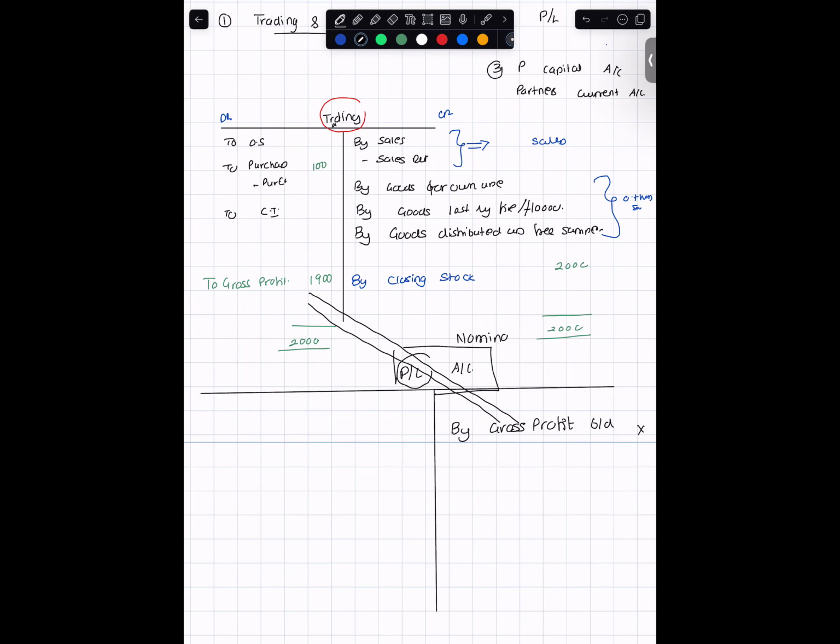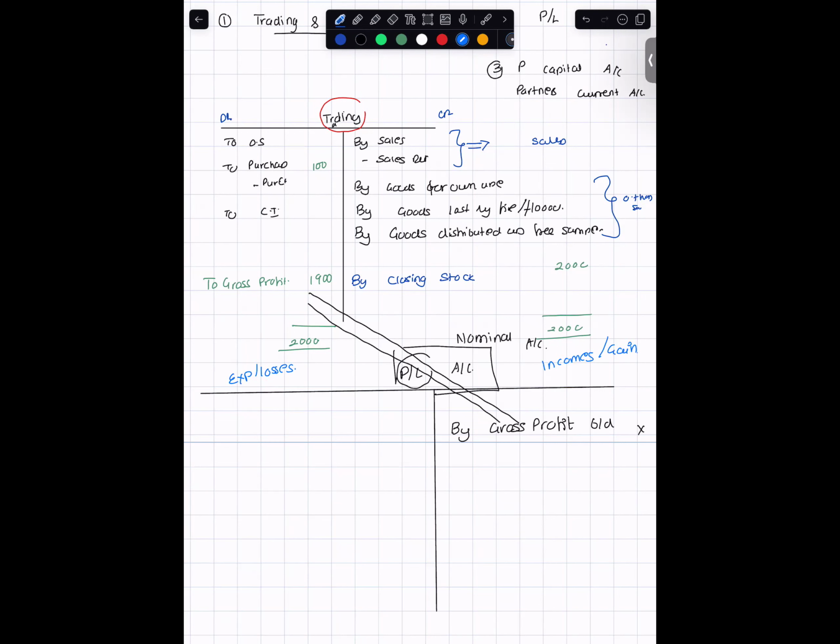It records on the debit side all expenses and losses, and on the credit side all incomes and gains.